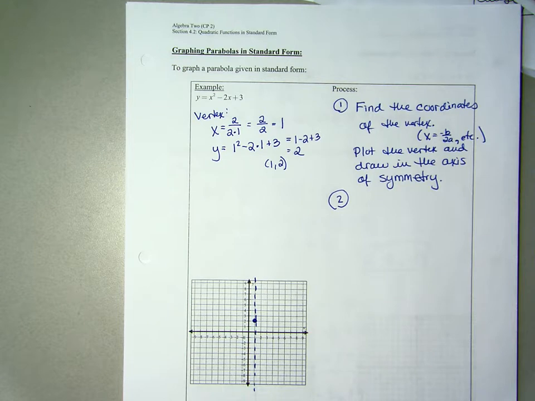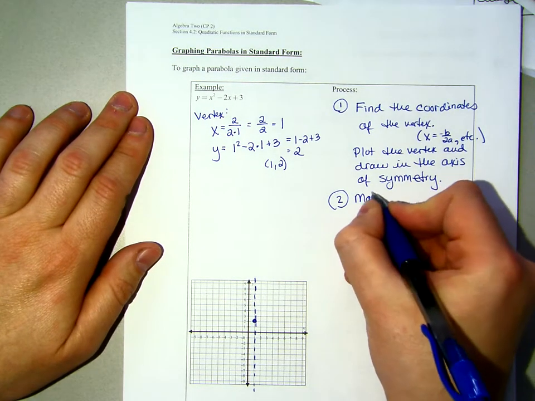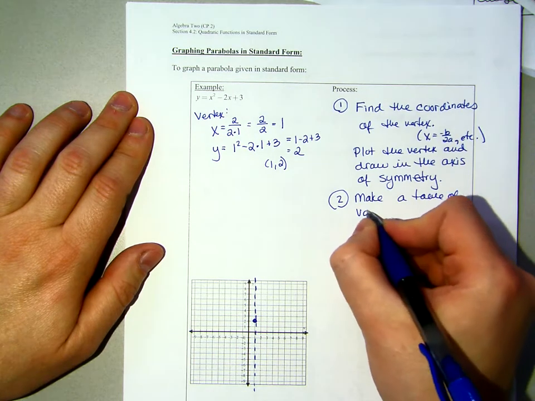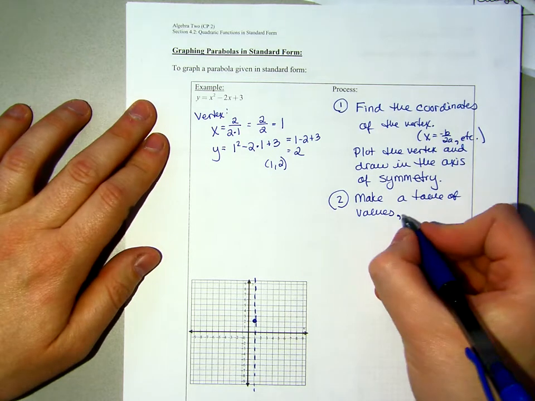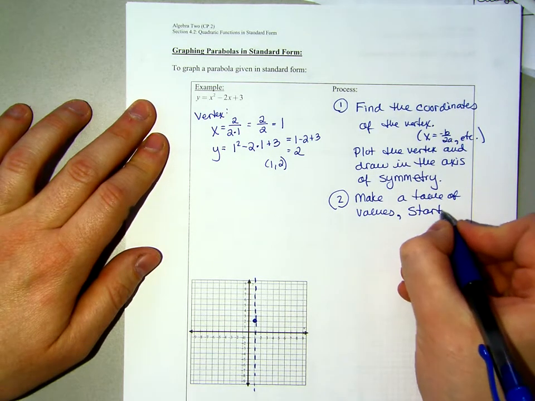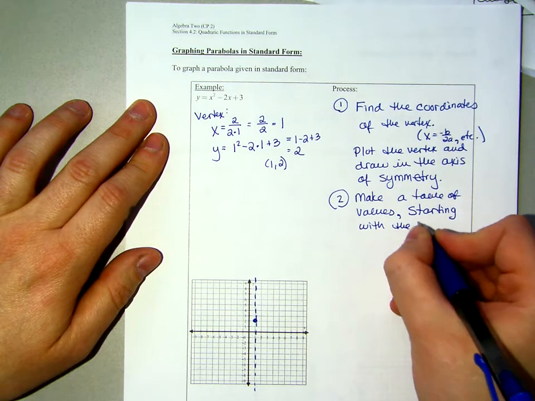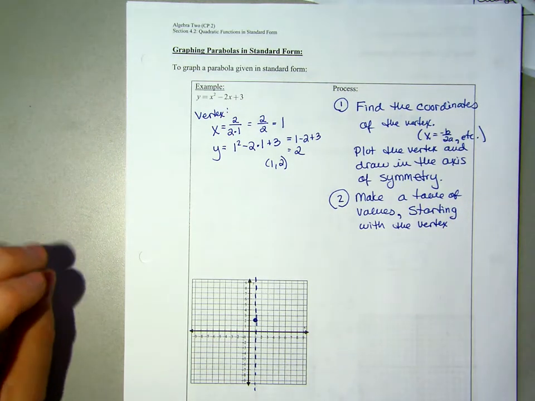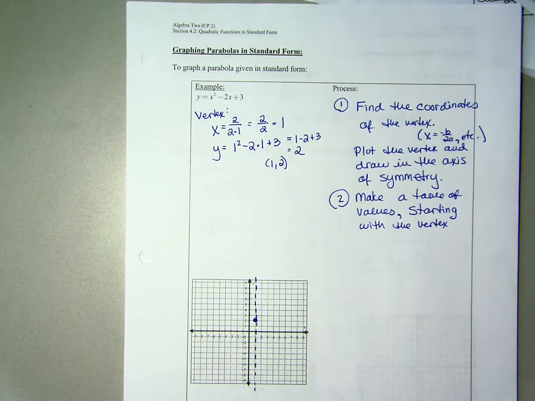I need a few more points. So we're honestly just going to make a table of values to get a couple more points. Step number 2 is going to be to make a table of values. Starting with the vertex, I'm going to make my vertex the first point in my table. And, well, to make sure I get some important points that are going to be on the graph, I'm going to start at the vertex and move right twice.